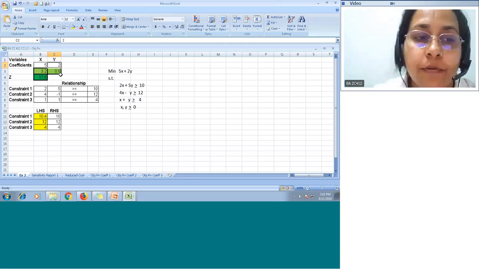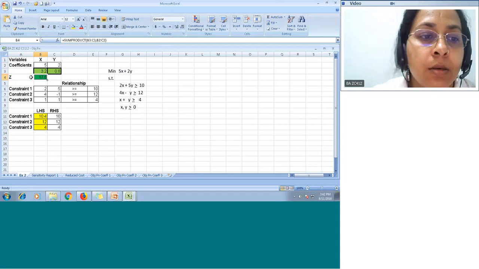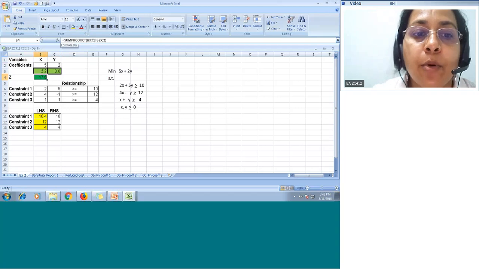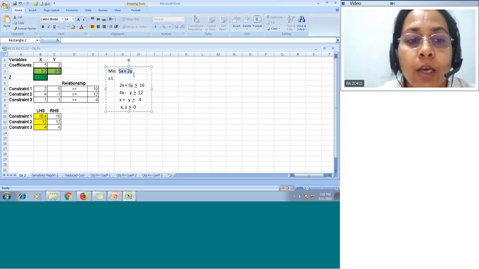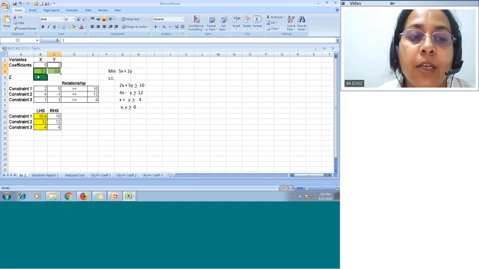Keep this green free. Then z also you have to put equal to some product. Actually, you can see from here 5x plus 2y. So it's a product of whatever value here and the x value after optimal calculation. So it's SUMPRODUCT, taking the product of this cell into this cell plus this cell into this cell.